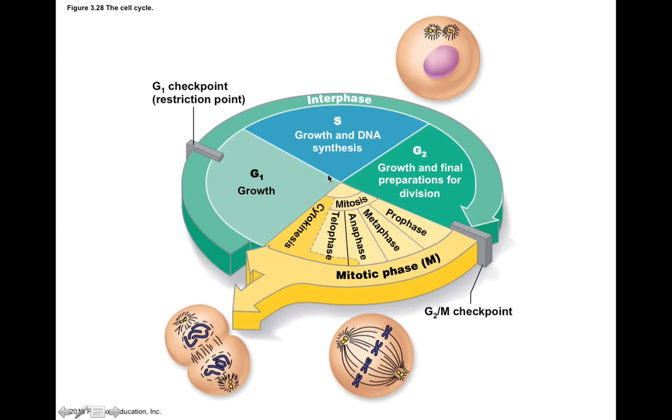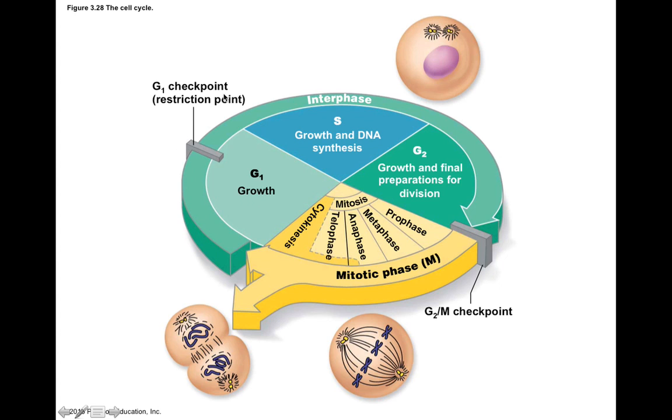And the first phase in interphase is actually G1, which is growth. So immediately following the cell division here, cells are able to grow and basically help to replicate more of the organelles and essentially just create a lot of the components that may need to have been replicated following cell division.